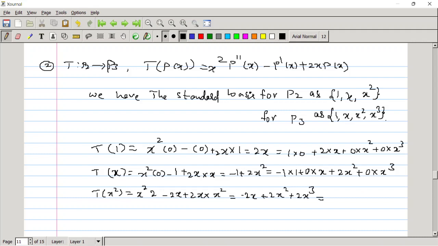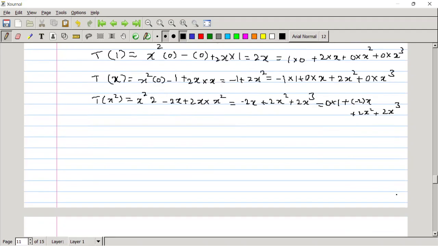So writing it as a linear combination, we have 0 times 1, minus 2 times x plus 2 times x square plus 2 times x cube.